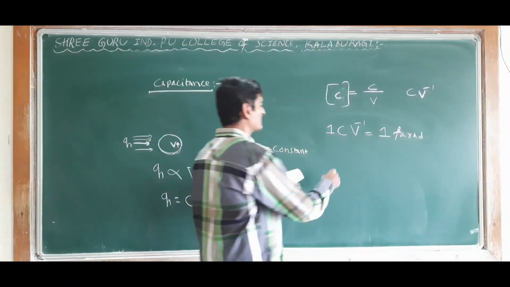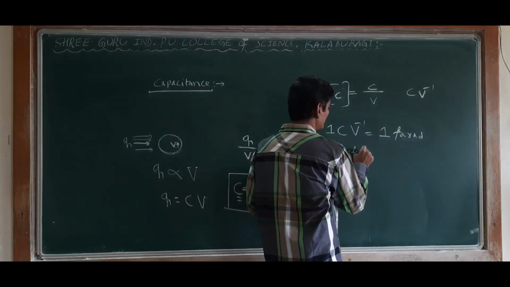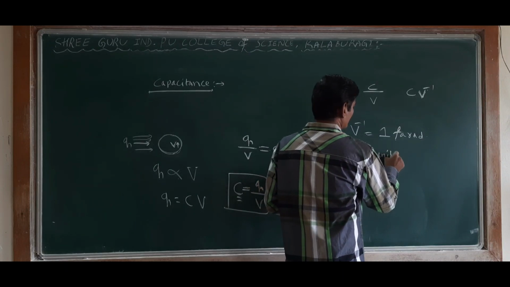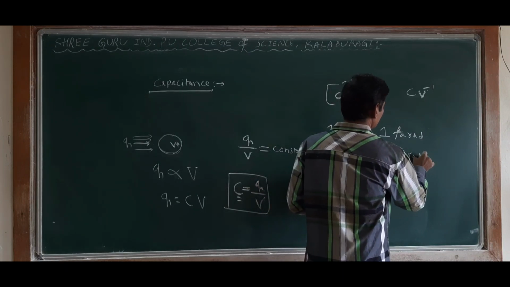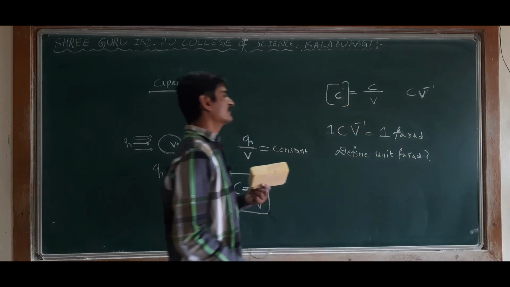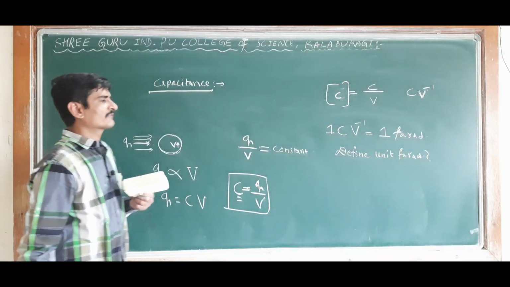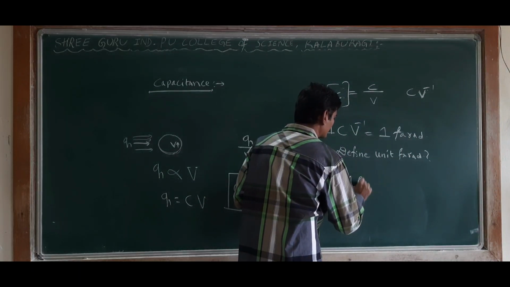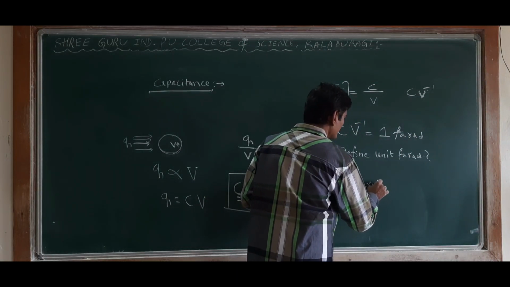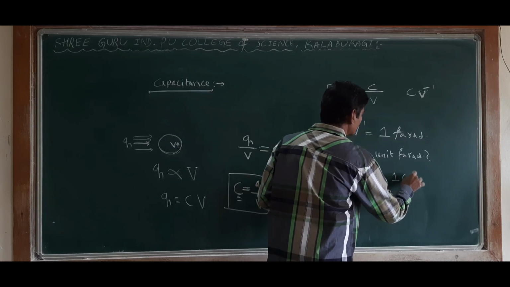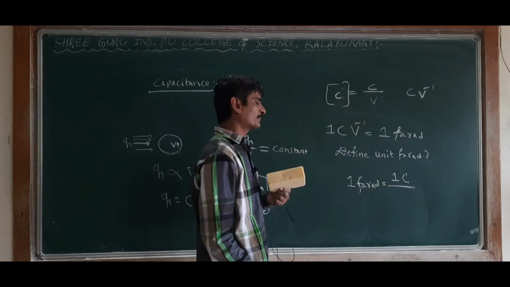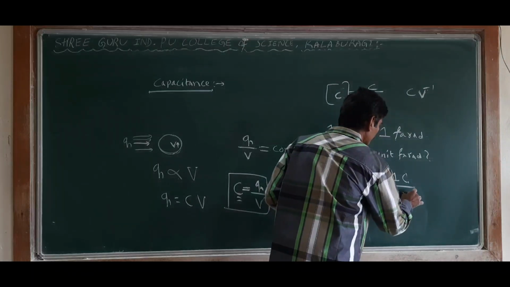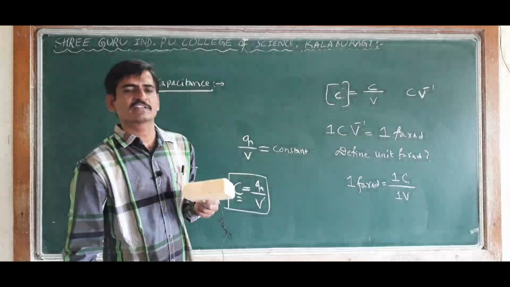And now define 1 farad. The capacitance of a conductor is said to be 1 farad if 1 coulomb of charge is required to raise its potential through 1 volt. Understand the statement? I am just making a definition.